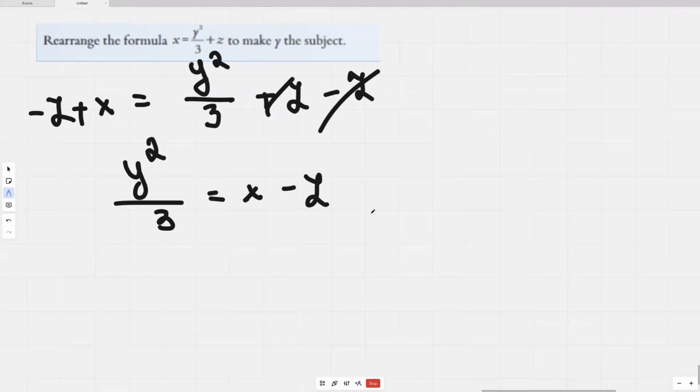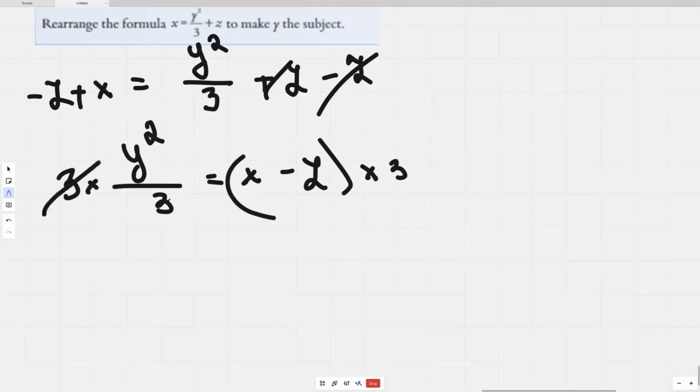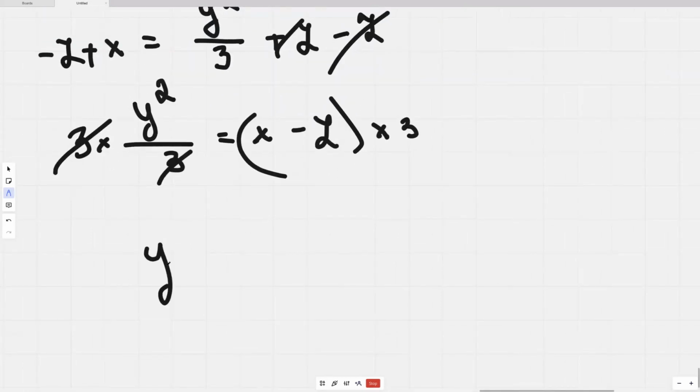And then we have to multiply both sides by 3 to take this out. So 3 multiplied by this, and then this multiplied by 3. This is cancelled, and then y squared is equal to 3 in brackets x minus z.